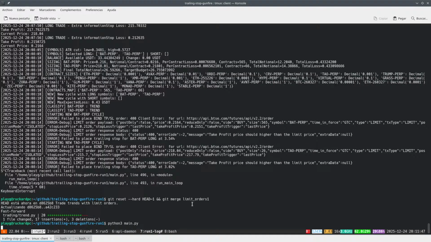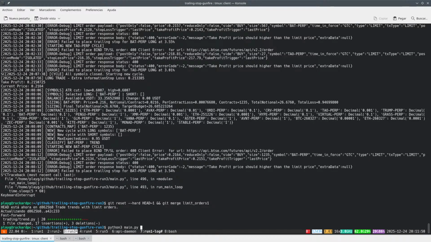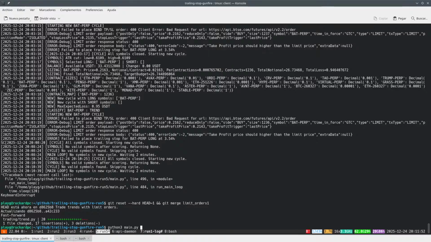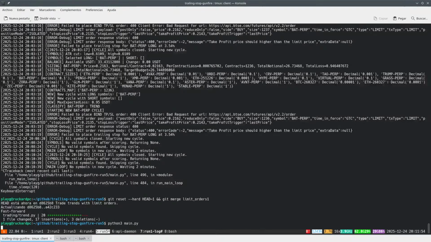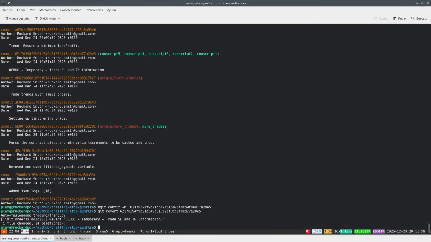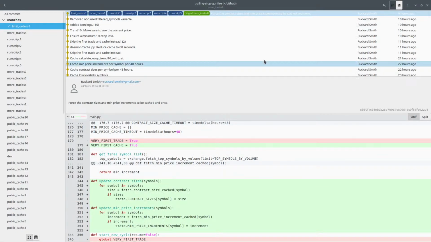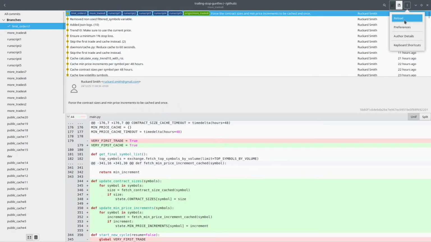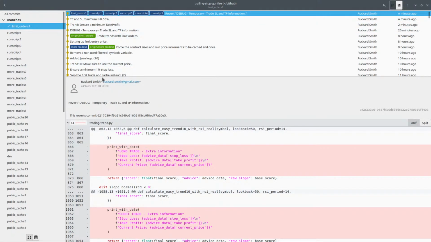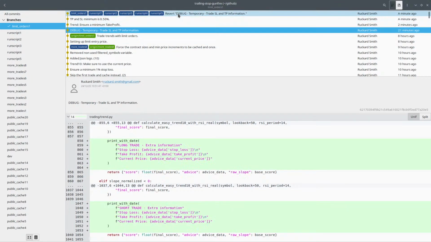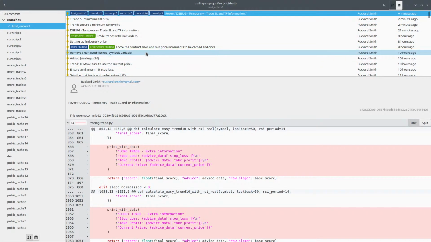And I guess that we are not going to have so many trades, but if we have trades, we will have a minimum of 0.50% stop loss or whatever. So we will see how it goes, because currently we are not dealing with limit orders. So the idea is to deal with limit orders, but we will see. In any case, I would like to refactor a bit, because right now we have this debug temporary thing that is actually not needed.